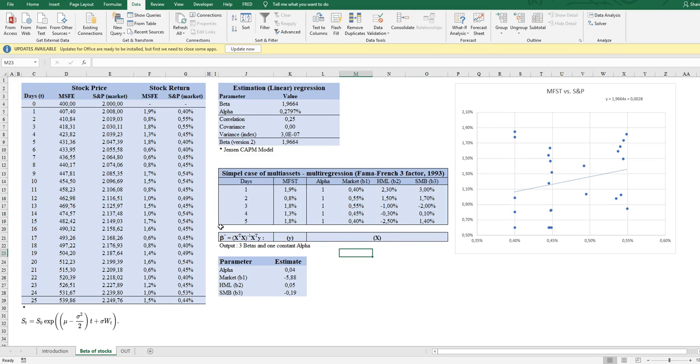What I have done here is to use some vector and matrix calculation. This is a very famous formula stating that the entire parameter estimation is given by this little beautiful formula. X is the entire matrix here, where the alpha has to be set to 1 in order to capture the alpha parameter, and the X transposed, and Y is the return of Microsoft.